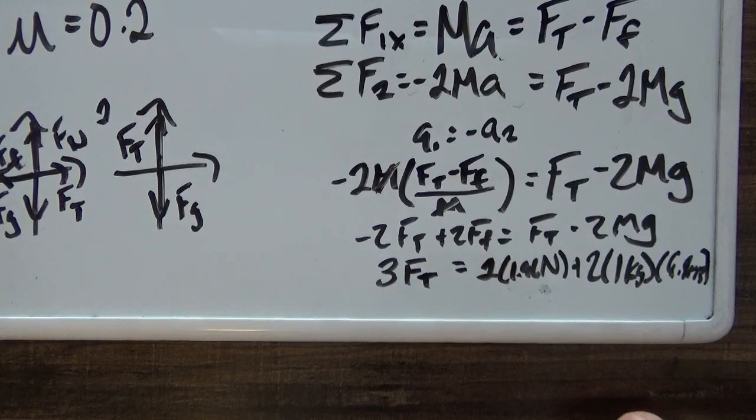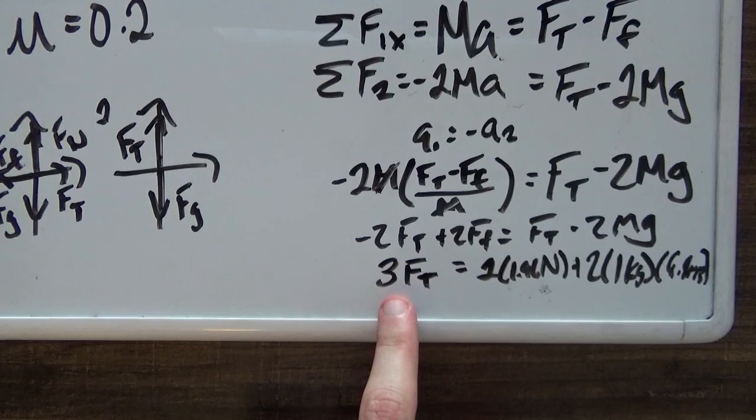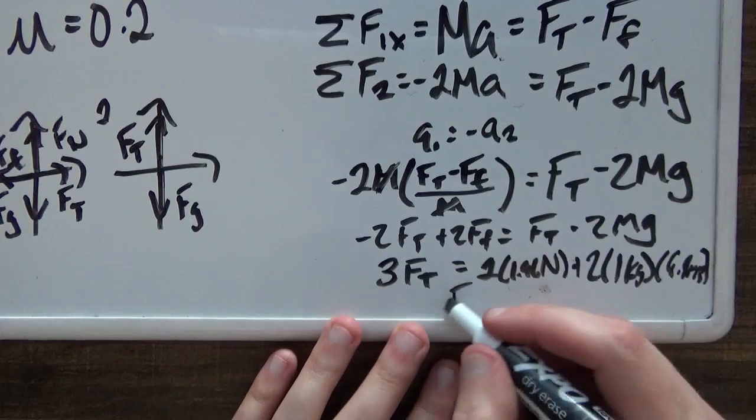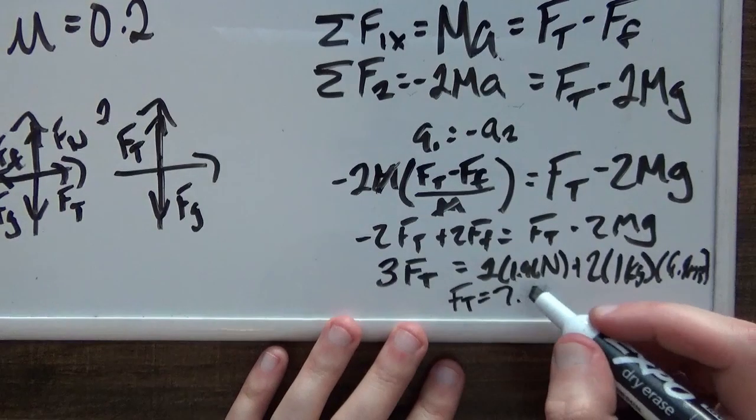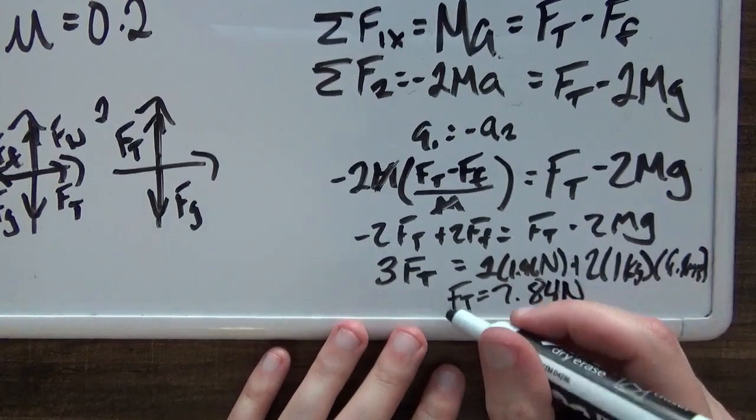So we have 2 times 1.96 plus 2 times 9.8, which is 23.52, and then we need to divide by 3, right? Because this would be over here. Divide by 3. So our force of tension is 7.84 newtons is what I have gotten.